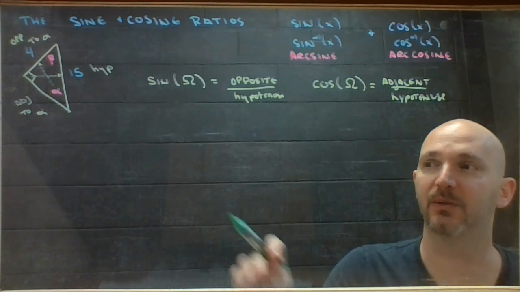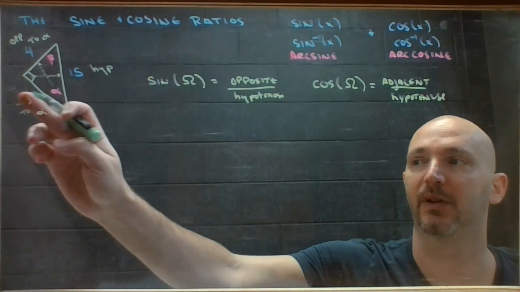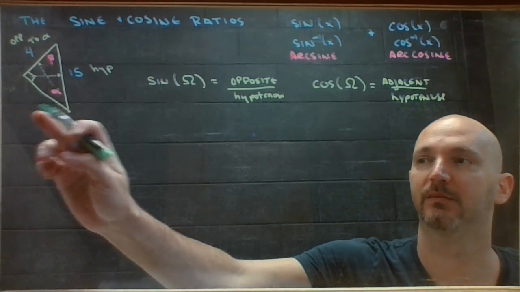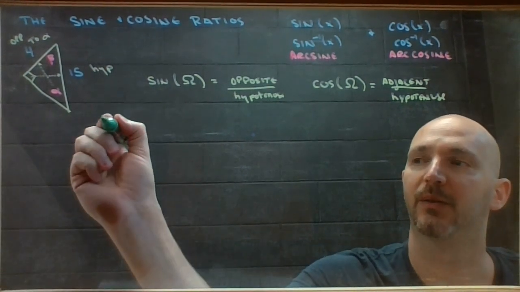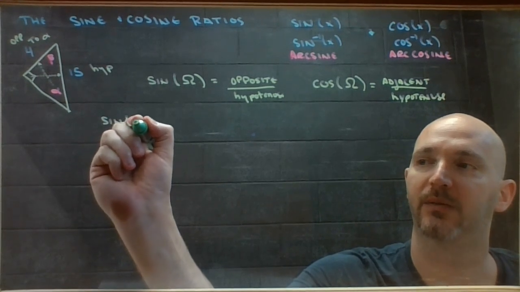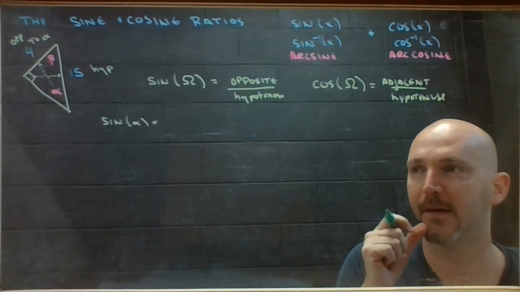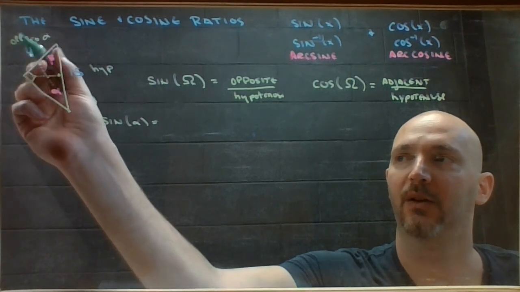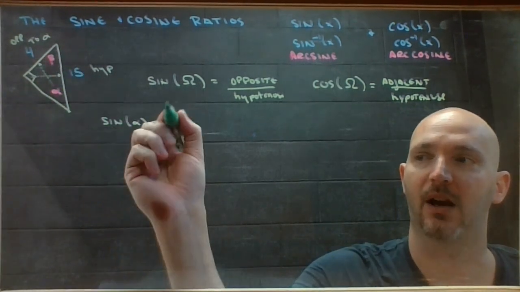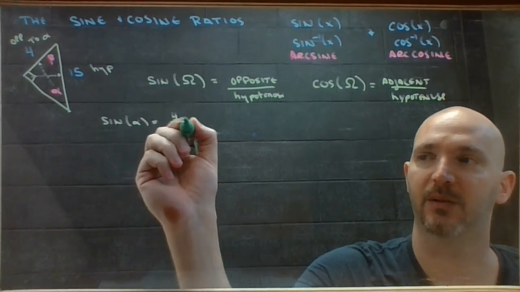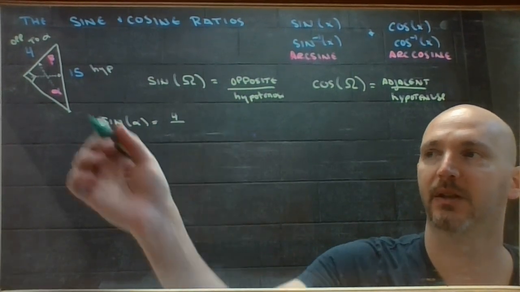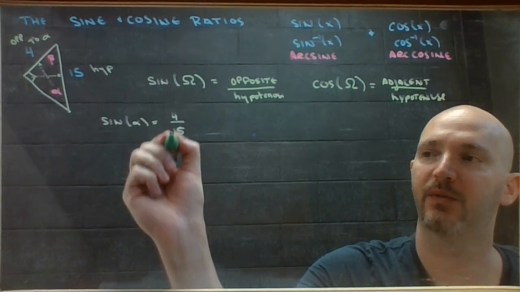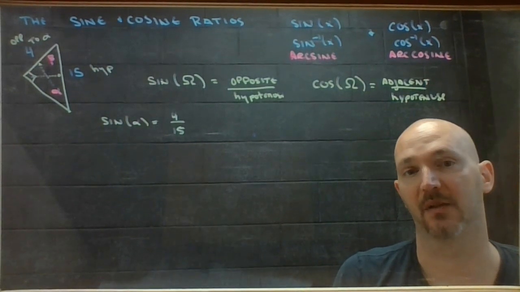So I'm going to solve alpha here first. Let's start with sine alpha. Well, if I look across the triangle, I already saw that 4 was opposite to alpha, so I'm going to put a 4 in for the opposite. And I know that 15 was the length of the hypotenuse.